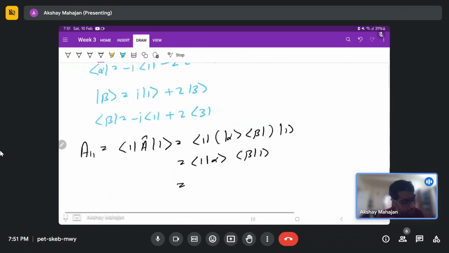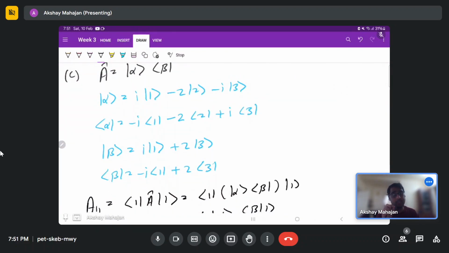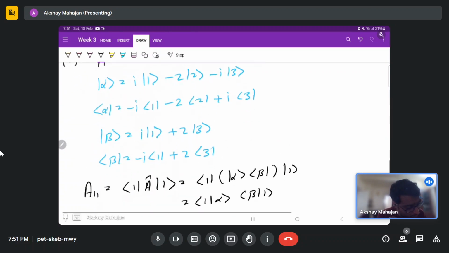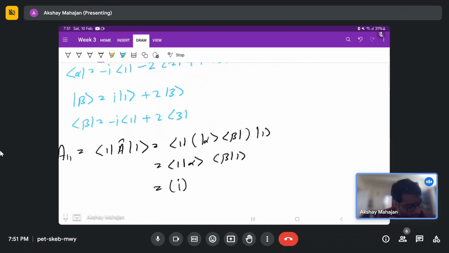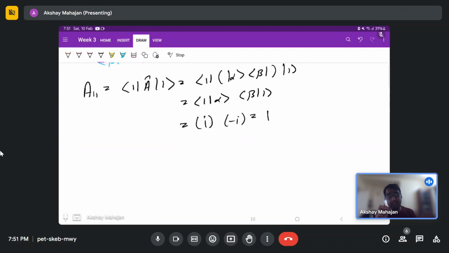If you take this bra of 1 on this alpha, and remember that 1, 2, 3 are orthonormal bases, you will get only the component from 1. So you will get an iota from here times bra of beta, and I will put a ket of 1 with it, so that will be minus iota. So we will get a 1 from here. Iota squared with minus 1, we get 1 here. Okay, similarly, you have to find all the 9 elements.